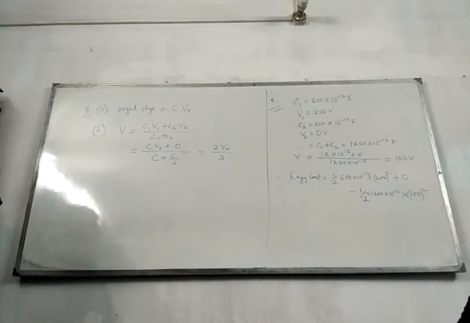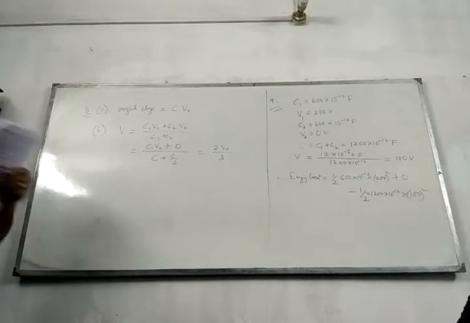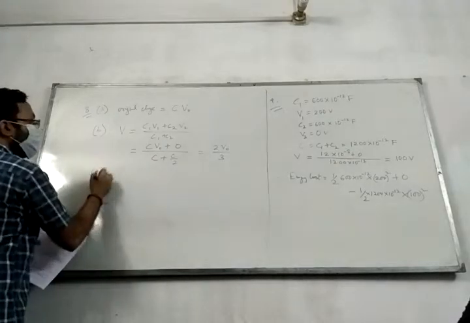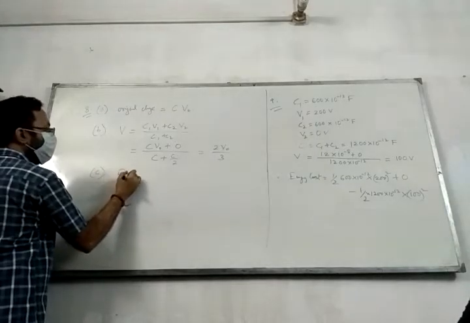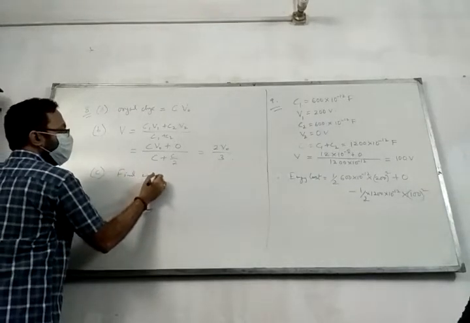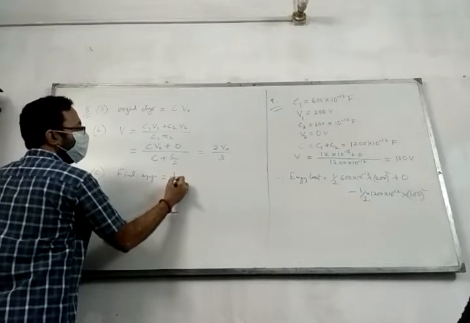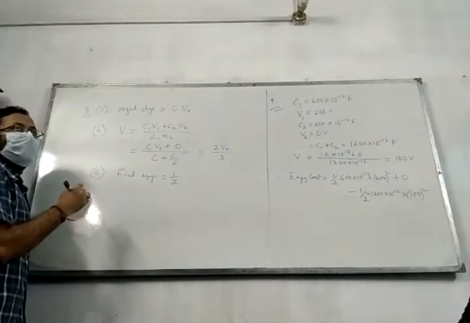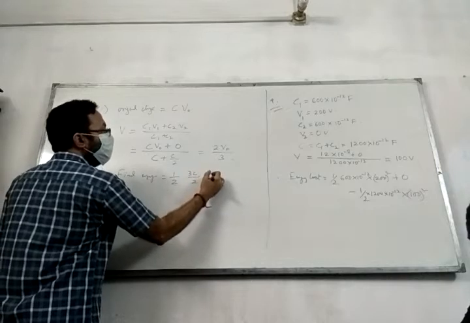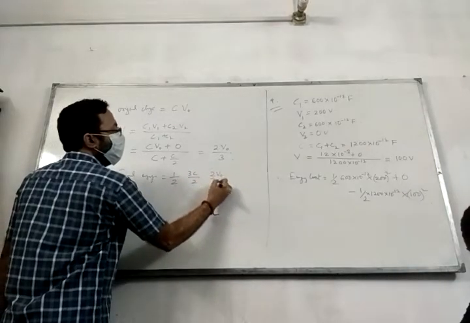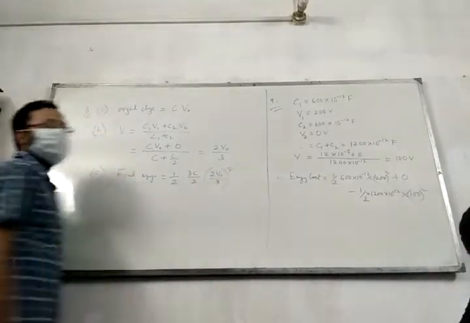Next part of the question কি বলছে? The final energy of the system. So what is the final energy of the system? Final energy is equal to half into 3C by 2 into 2V0 by 3 whole square. You understand why?